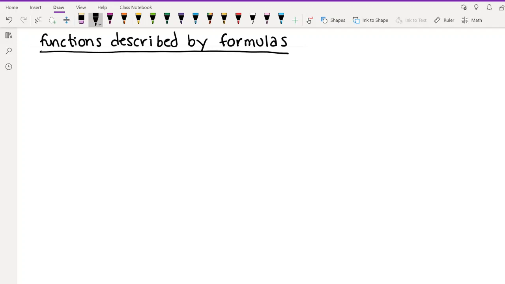Because those are the numbers that are not going to be in the domain. So I'm going to write that down. What can make a function undefined?